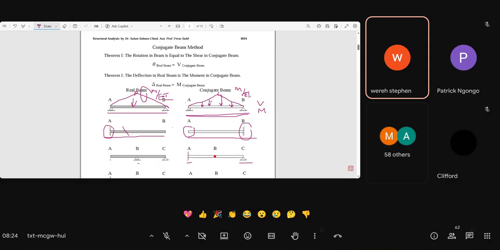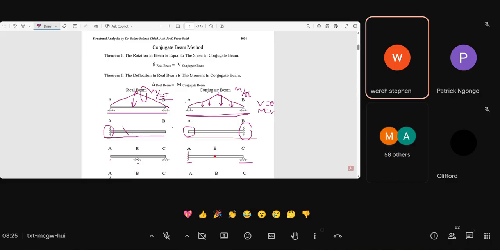If I ask you to find the shear force at point A, the value of shear force at point A will be the rotation theta. I hope I'm clear with that. So the value of shear force at any point on the conjugate beam will be the rotation, which is theta. The value of moment at any point on the conjugate beam, this M, will be the deflection.